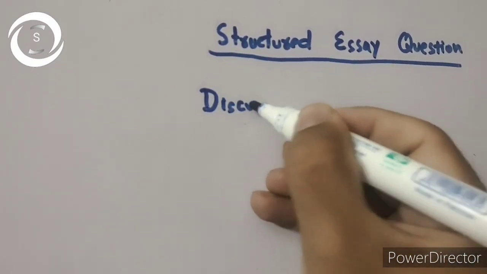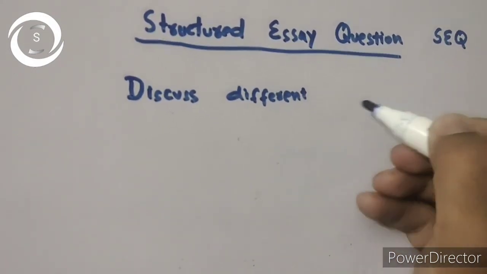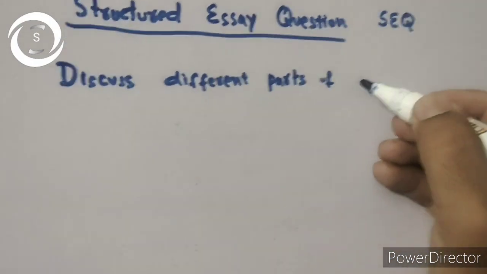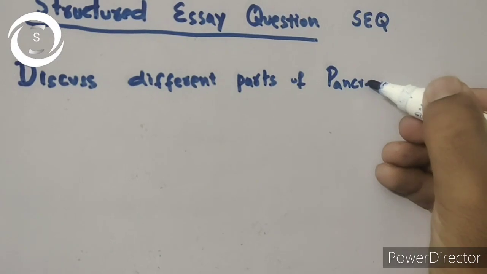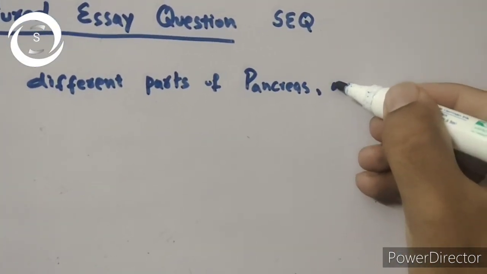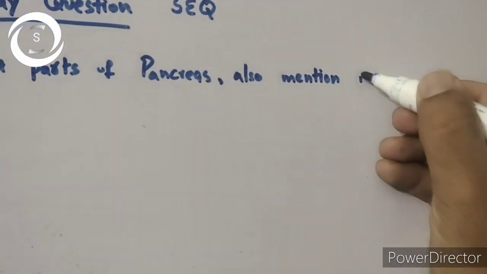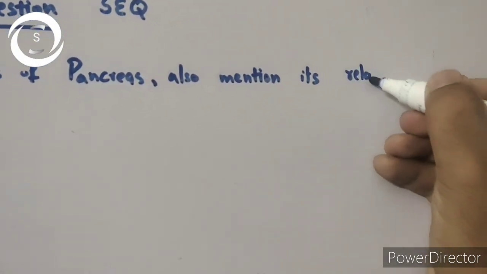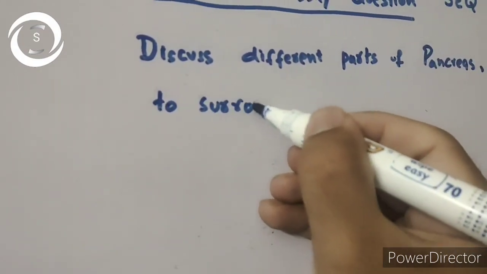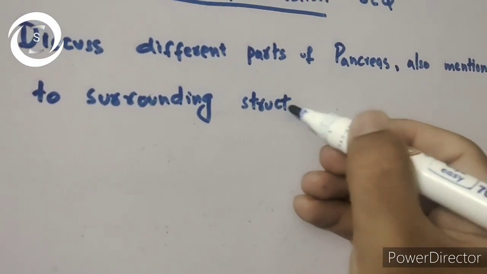Like, the similar question about the pancreas can be structured: name the different parts of the pancreas, and also mention the anatomical relations of the pancreas with the surrounding structures, and then mention the endocrine as well as exocrine functions of the pancreas.